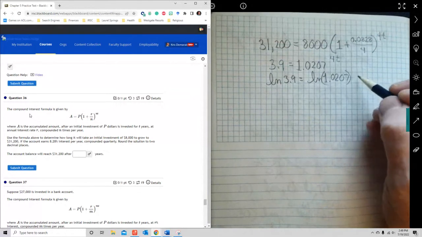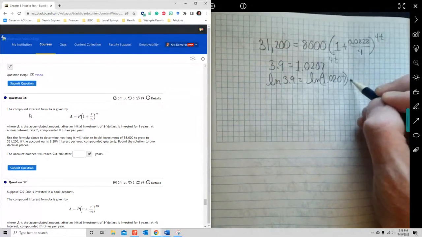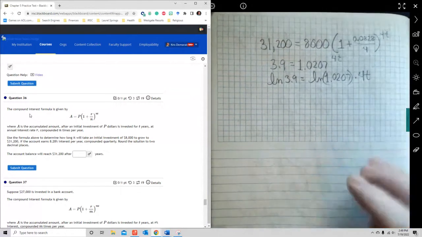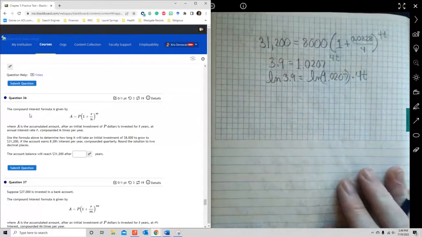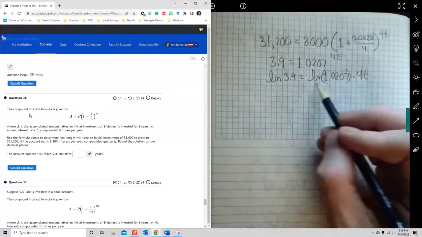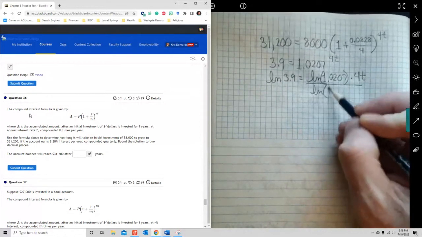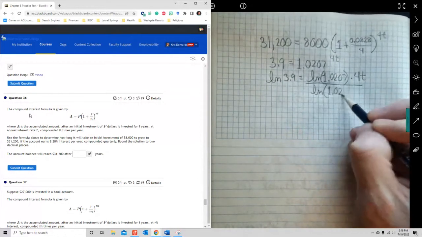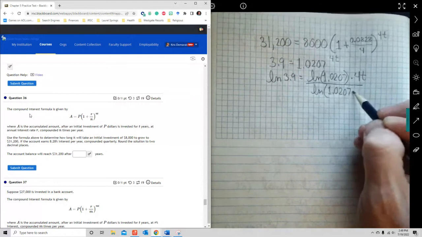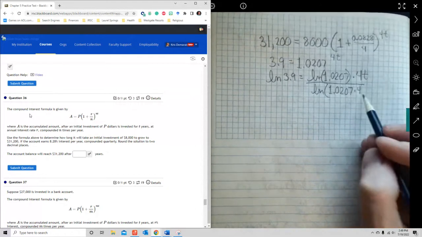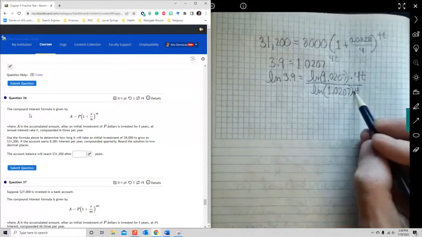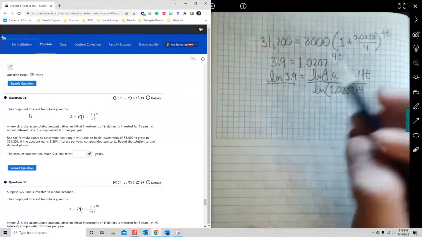All right. And then we're going to go ahead and move that 4 down. Now what we need to do to find t, we need to just simply divide everything by this ln of 1.0207 times 4, okay? And do the same thing over here.